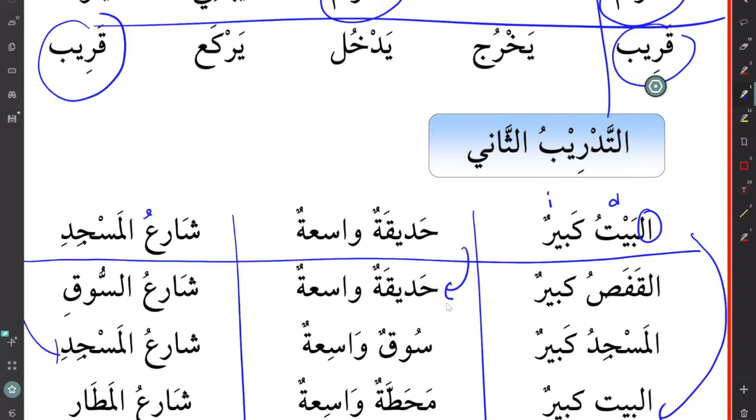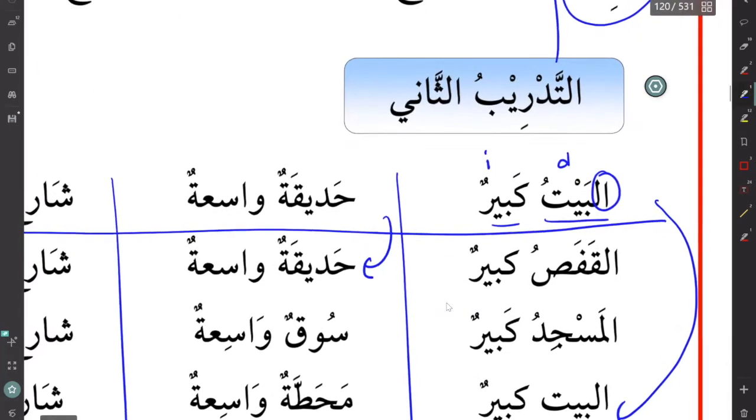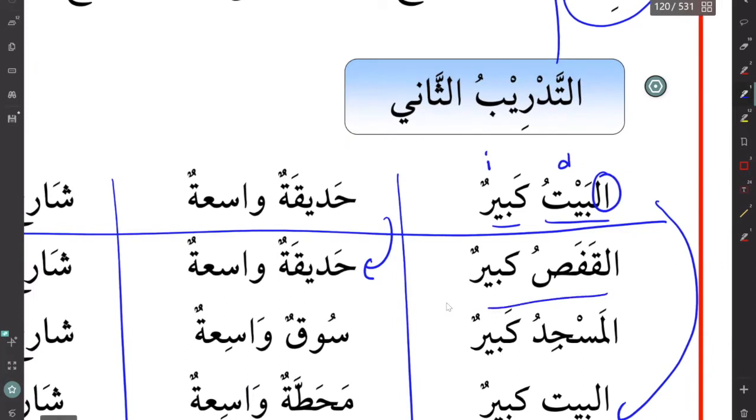Okay, so we have definite and indefinite, right? So that makes it a complete sentence. When you have a definite noun and then an indefinite noun, you make a complete sentence. Al-baytu kabirun. For example, this one, al-qafasu kabirun. Qafas is what? Cage. Okay, so the cage. So the first one is definite and the second one is indefinite. So this makes a sentence.